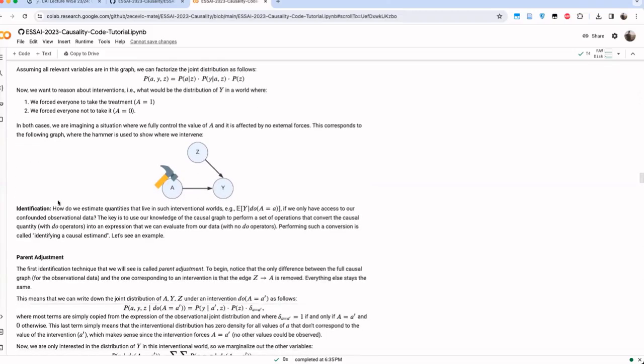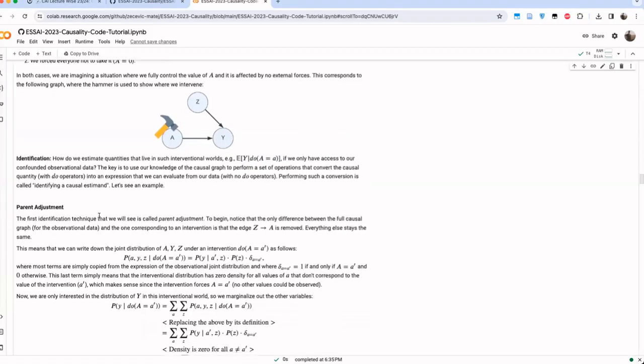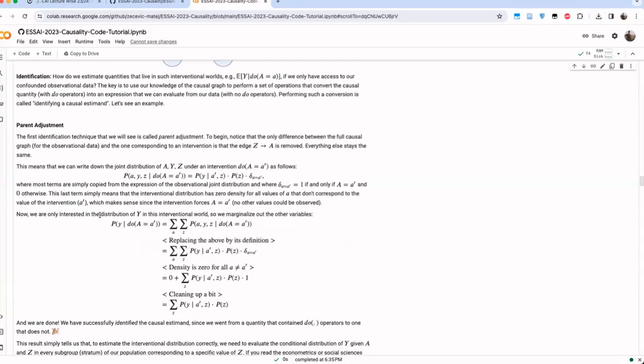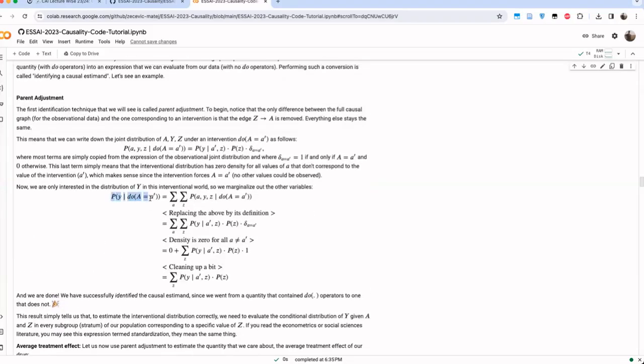And so in identification now, what we are trying to do is make assumptions such that we get this do quantity without actually having access to interventional data. Yeah. And so in parent adjustment, you know this from the previous lectures, but really what we're doing is the following. Say we want the causal effect of an intervention A prime on Y. We can rewrite it in terms of the graph structure like this.